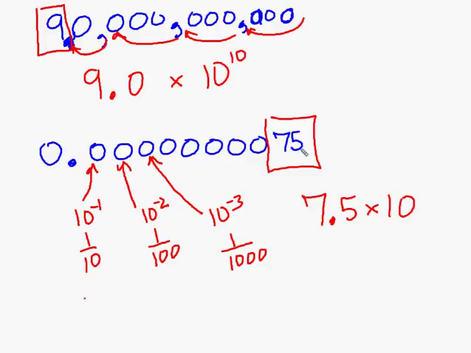I don't have any commas here to help me, so I'm going to count one at a time. 1, 2, 3, 4, 5, 6, 7, 8, 9. So I went back 9. If I go backwards, in the smaller direction, it's negative. And if I go forwards, that's a positive. You with me? I guess so. I didn't hear anyone say anything.